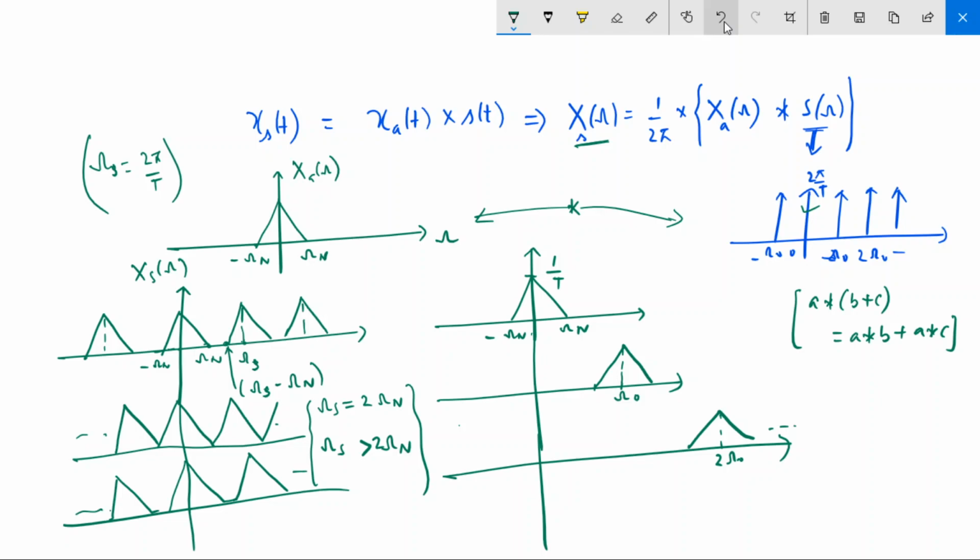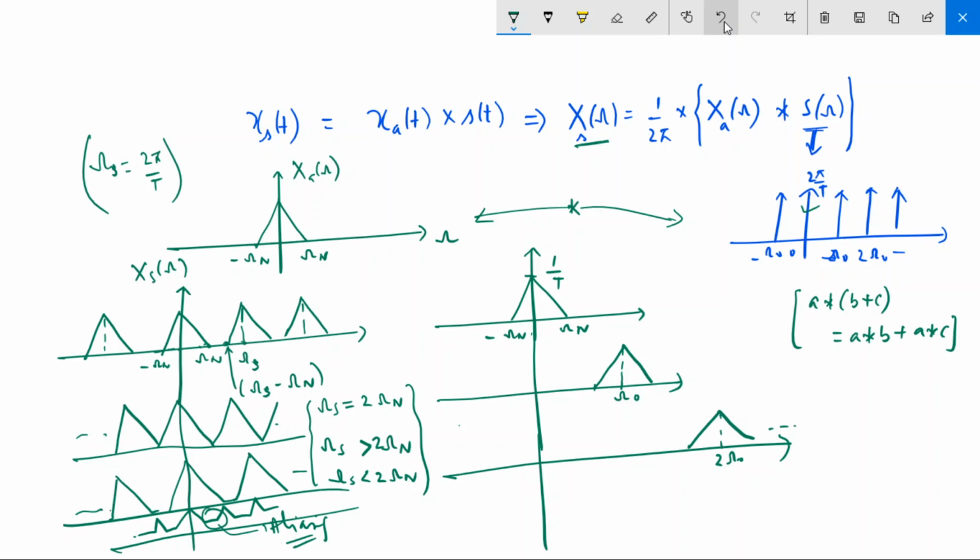And what will happen if you choose omega s less than twice omega n? This point will now come here. When you plot it, you will get a spectrum like this. This is again the aliasing in the frequency domain.